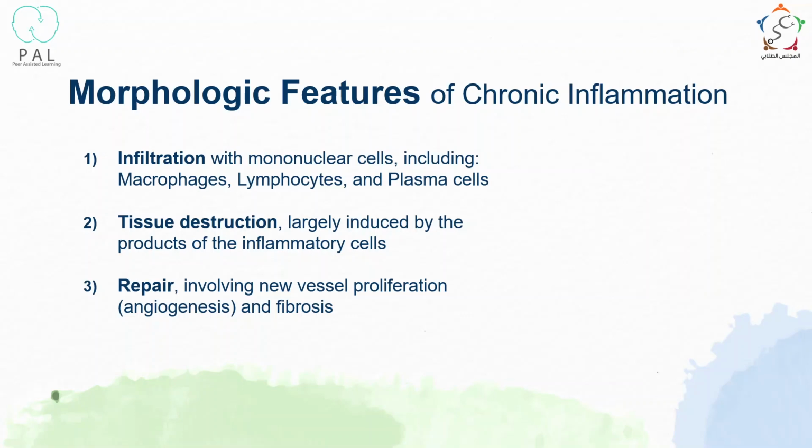Although they are present to some degree, they do not dominate. There's also tissue destruction, as we discussed earlier, induced by the inflammatory cells themselves. And finally, there's repair involving new vessel proliferation, which is called angiogenesis. It's the formation of new vessels. We're going to go over it in the repair lecture, and fibrosis, which we're going to discuss also later on.